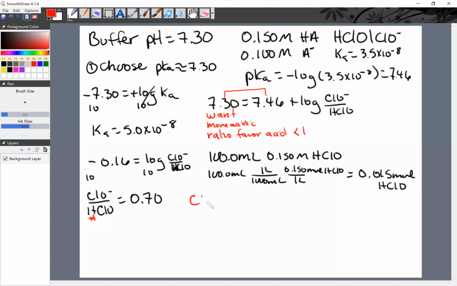If you want to know how much base you need, plug in what you know of the acid and its ratio. And you are going to need 0.0105, and I'm only allowed 2 sig figs, so 0.011.